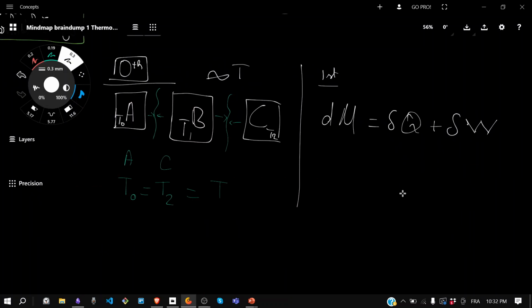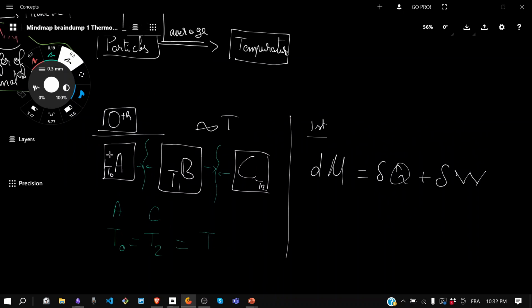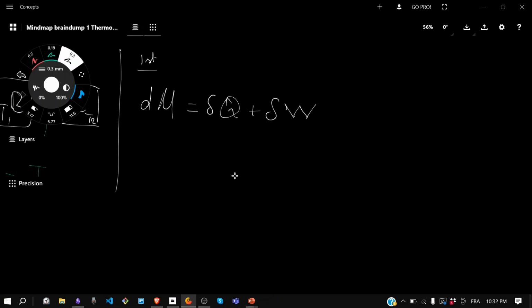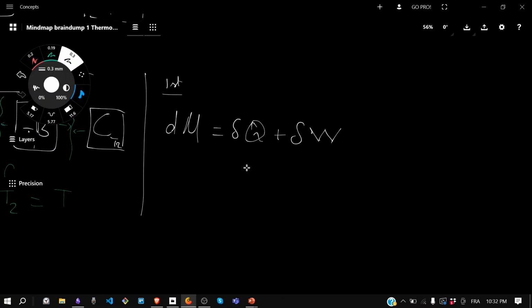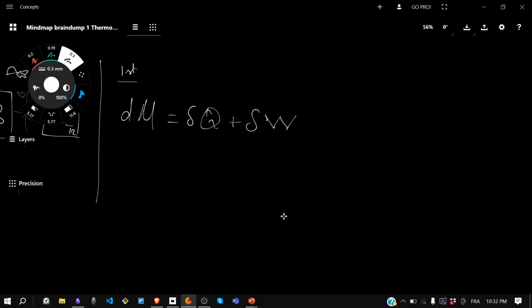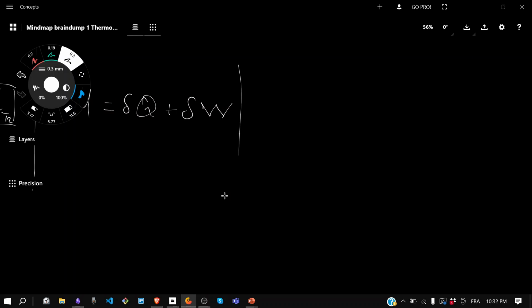Here we talk about average thermal energy through time, which is temperature through time. Here we are looking at the overall internal energy and how it varies depending on the heat change and the work change.